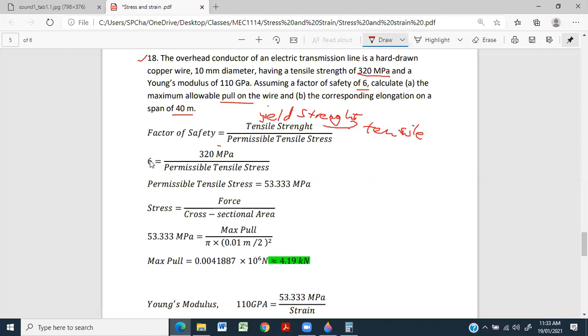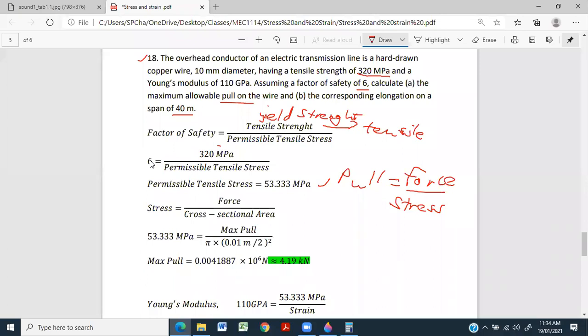The max allowable pull, and we know pull is a force. Force is just the simpler version of stress. So we need to find stress to find force.